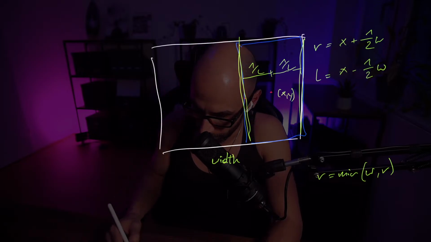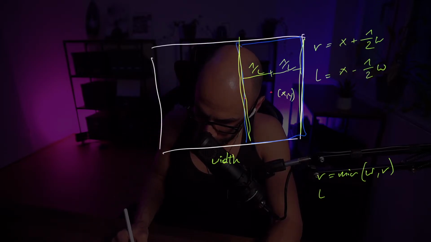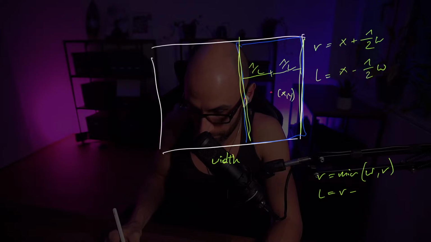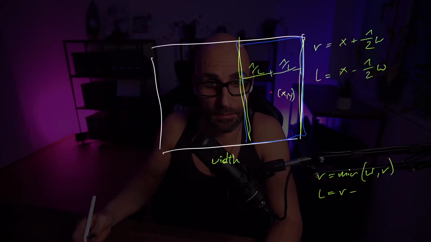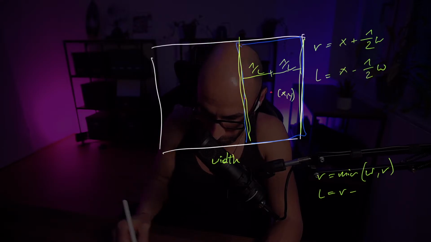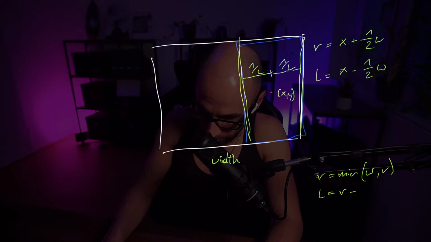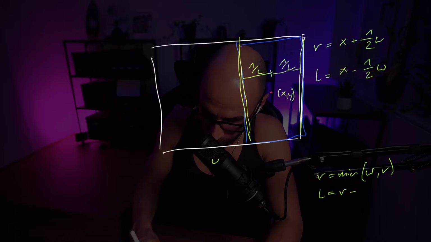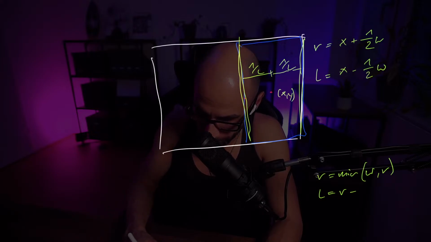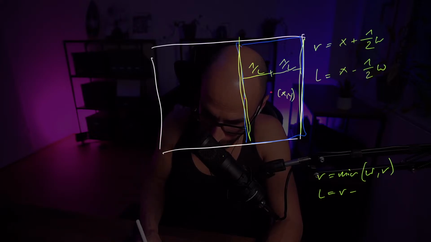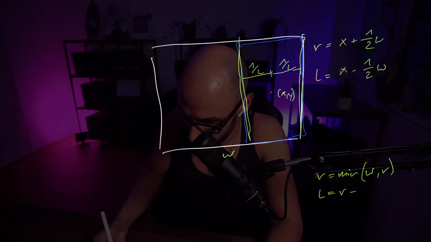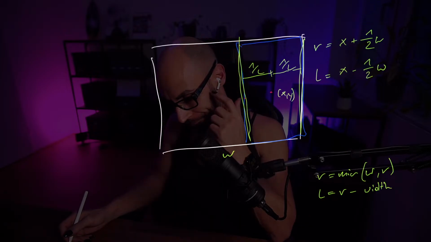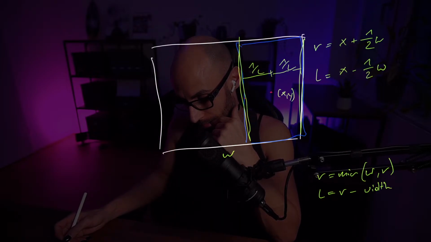And then we do L equals R minus the desired width, W, the desired output width.